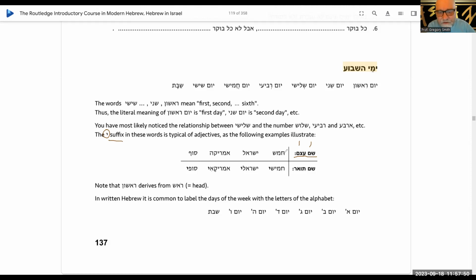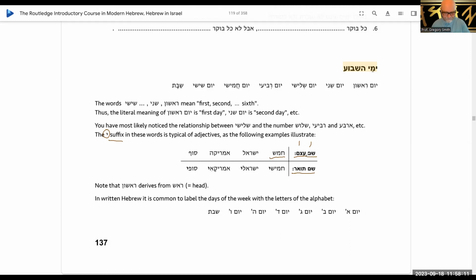So we have Chamesh, and then this is the Shem Toar. I think that's the verb one, if I remember correctly. Let's see. Yeah, that's it.